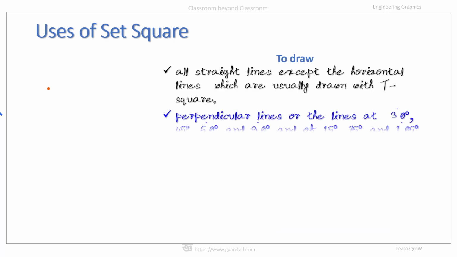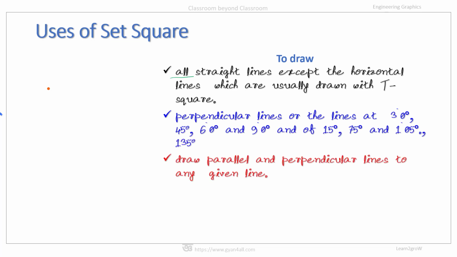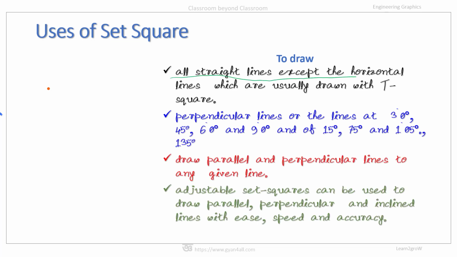So let us recap the usage of set squares. Set squares can be used to draw all straight lines except the horizontal lines, because horizontal lines are generally drawn with T-square.